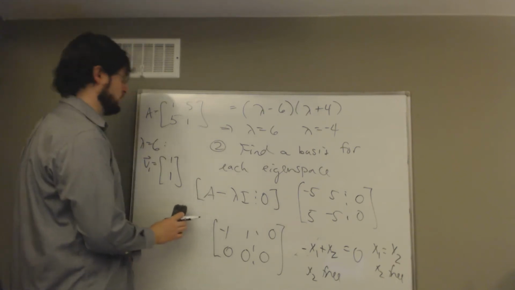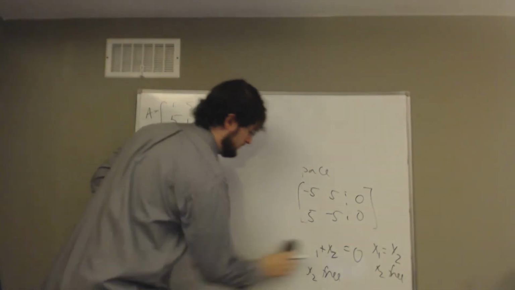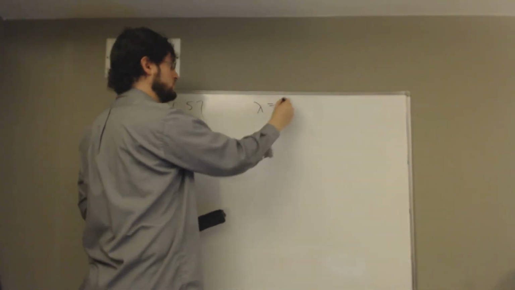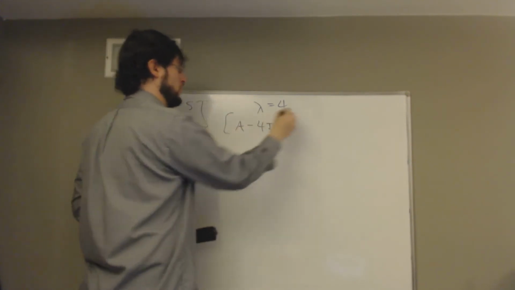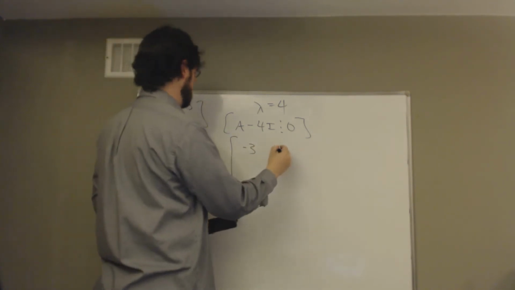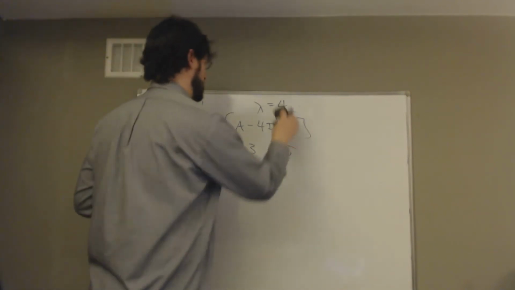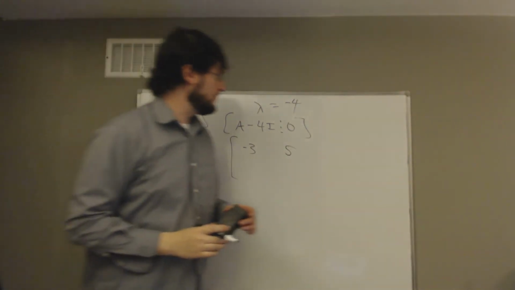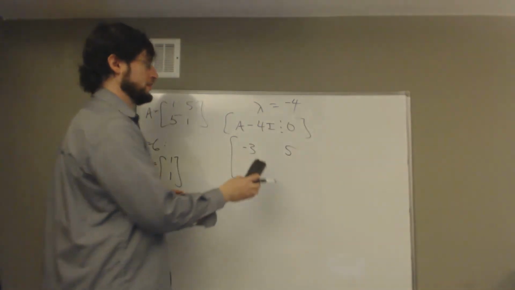Now, for our other eigenvalue, oh sorry, that was actually lambda equals negative 4, because of our characteristic equation.